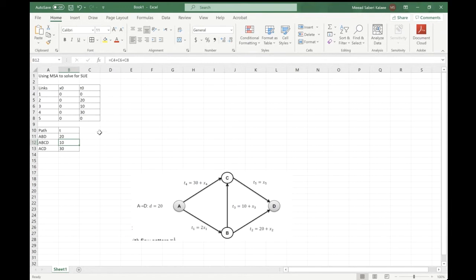the logit formula now. So to do that, let's write down the utility function. What I can do next to this travel time is I add the utility function here, utility. What was the utility? It was minus 20, minus 10, and then minus 30.